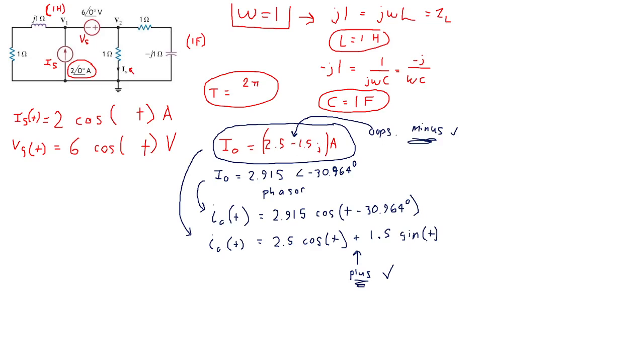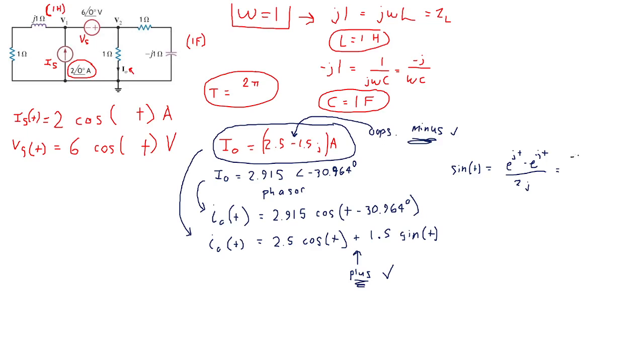If you plug in cosine of t minus pi over 2, it's sine of t. So when you use the rectangular form, that's why I had to double check with Wolfram Alpha. 2.5 minus 1.5j actually gives you 2.5 cosine of t plus 1.5 sine of t. If this was plus, that would be minus. It's a consequence of some things, but we never actually do this, and so that's why I didn't have it offhand.